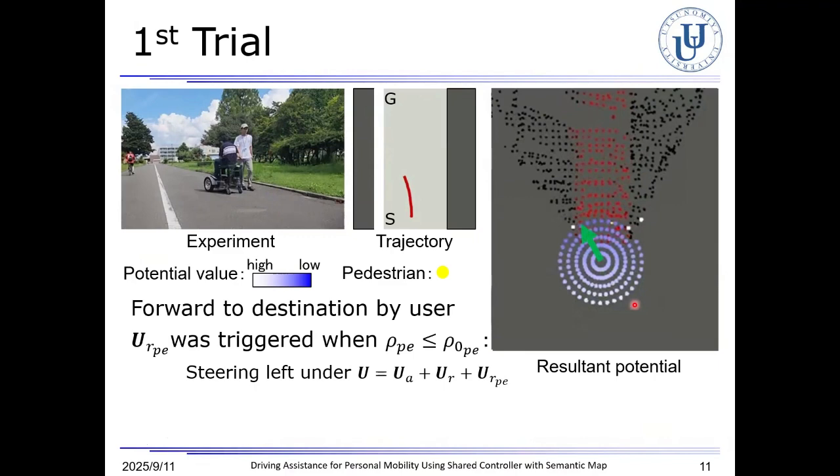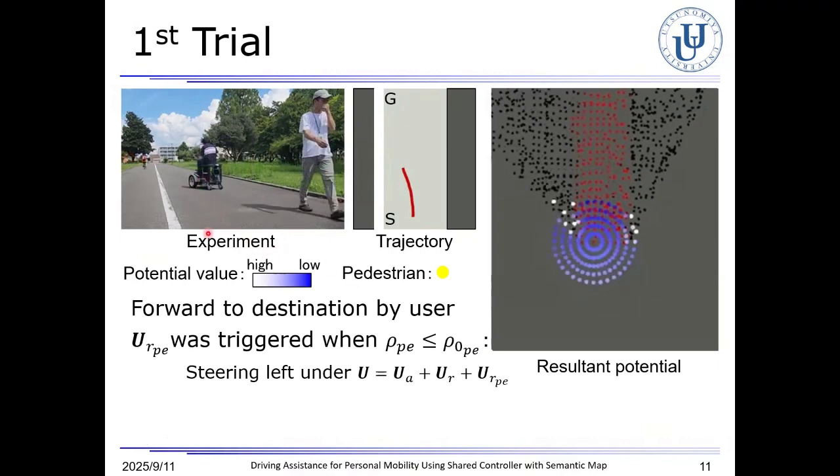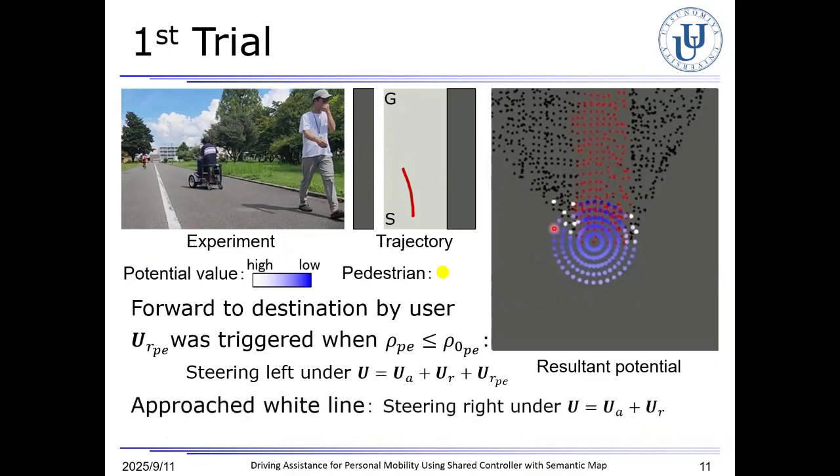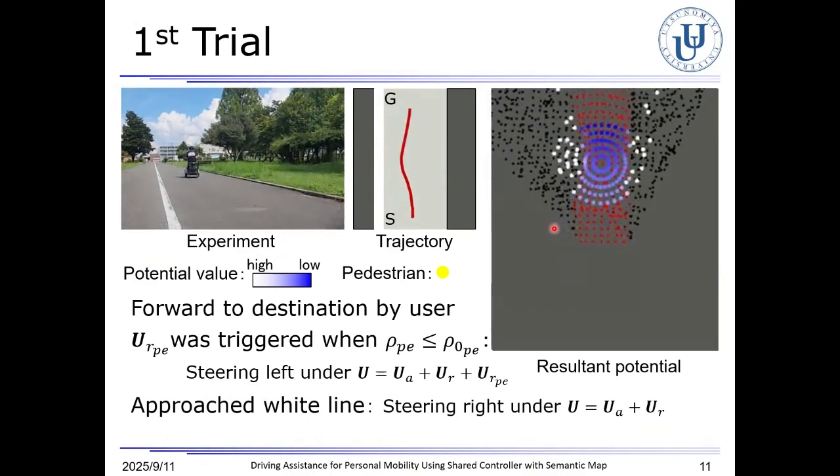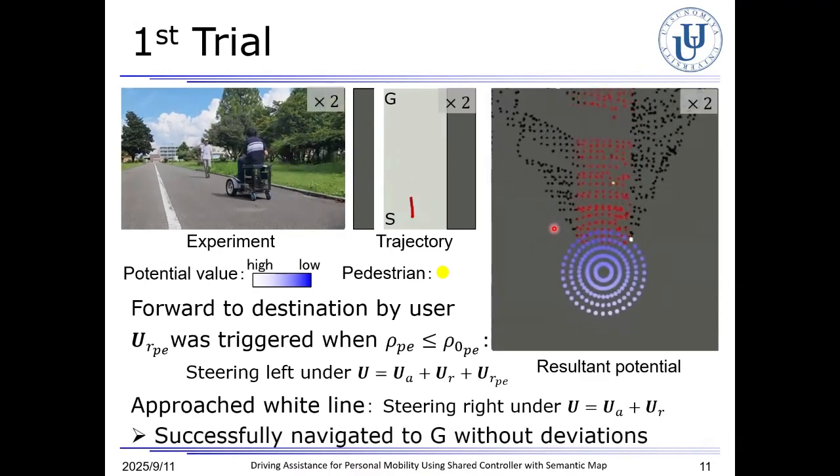As a result, the mobility approached the white line. However, the repulsive potential from non-drivable areas became large. Following delta U, the mobility steered right to return to the sidewalk and continue straight. Consequently, the mobility navigated towards the destination without deviation.